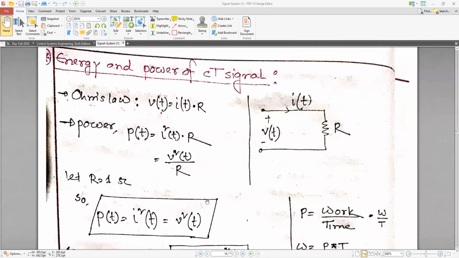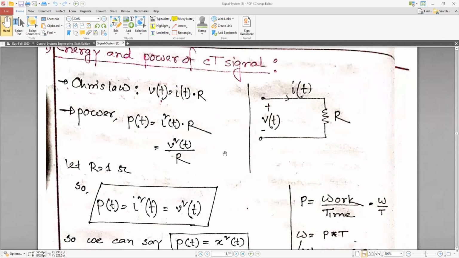Today we'll start the energy and power. See the circuit diagram.